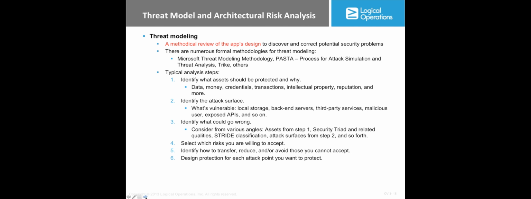Which risk is acceptable? What is a level of risk that I can accept versus which ones I have to address now? Okay, then identify how to perform the risk remediation and mitigation, whether I transfer it, reduce it, avoid it.